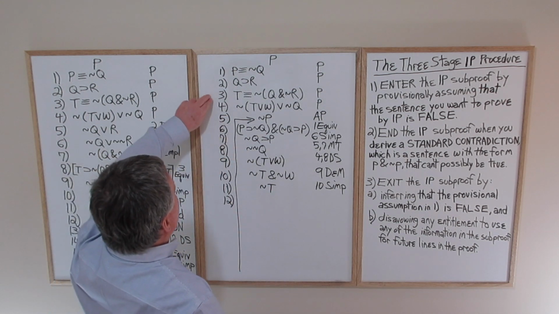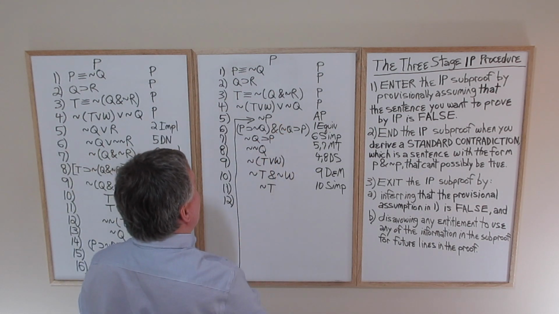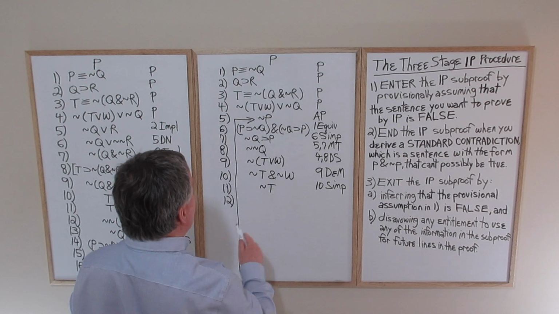Then, as we did previously, we'll do the equivalence and then select the version that'll allow us to do a modus tollens.